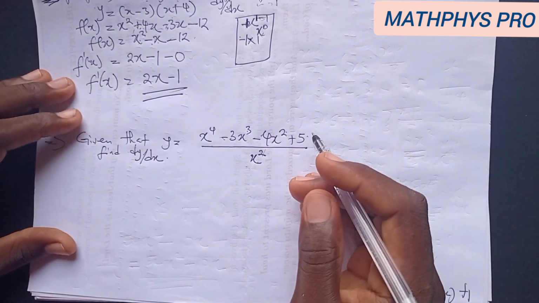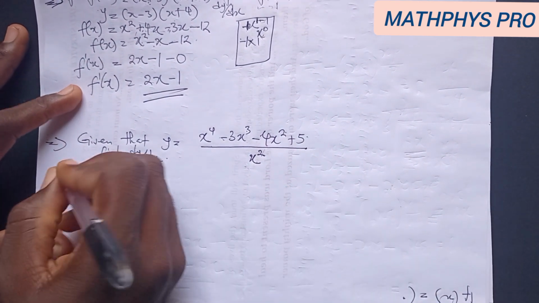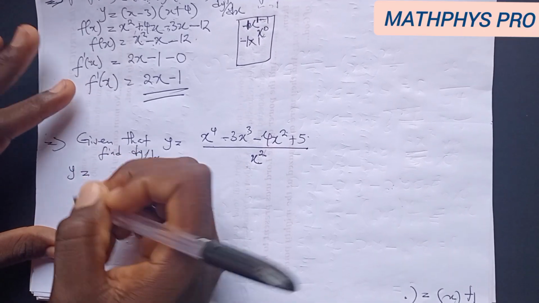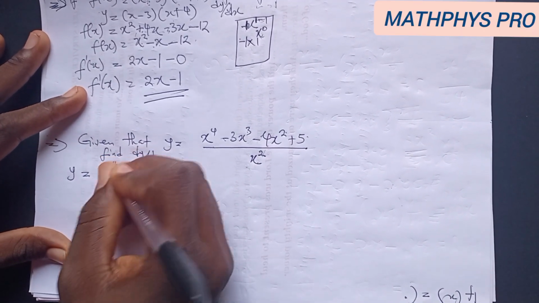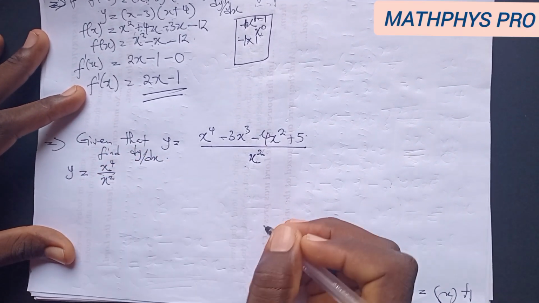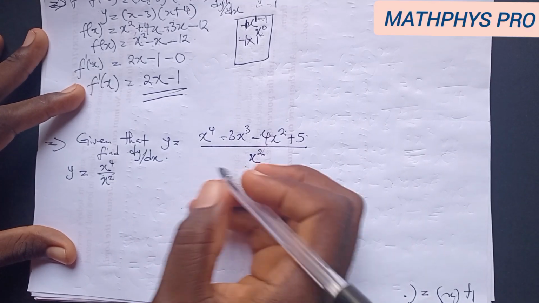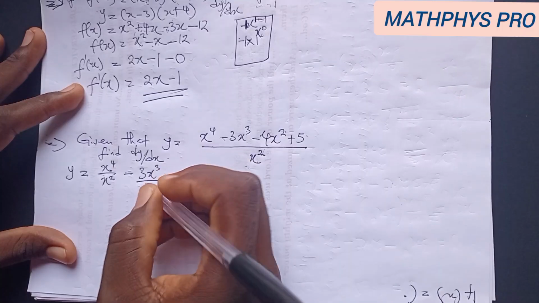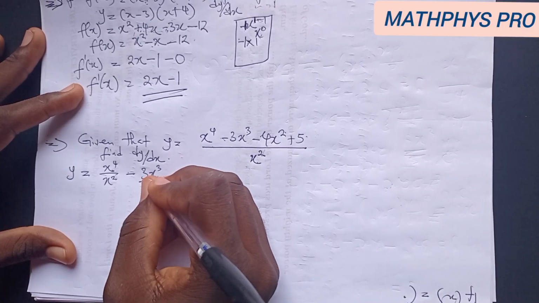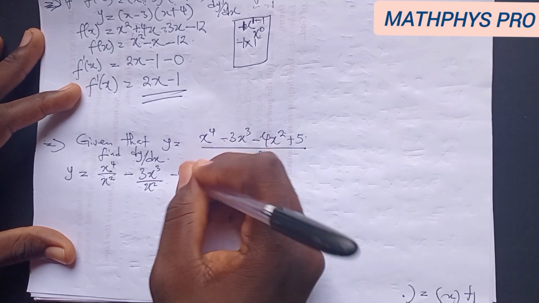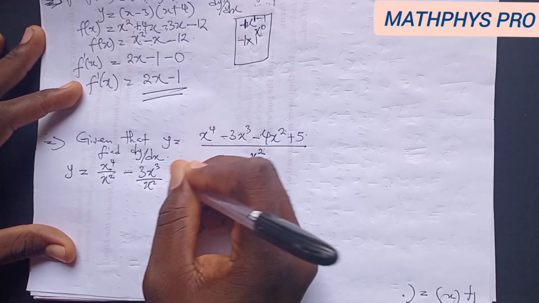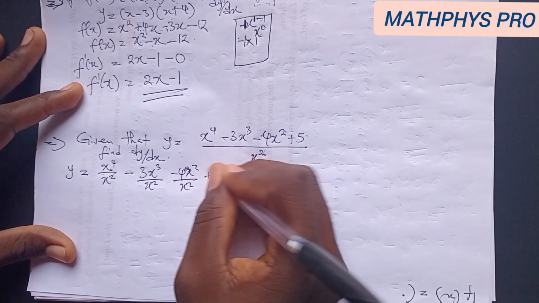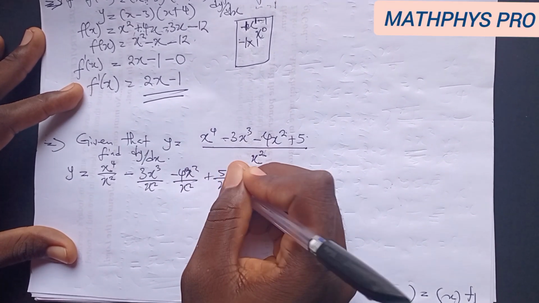Now, the first thing to do, we can say that y is equal to x raised to power 4 over x squared, minus 3x cubed divided by x squared, minus 4x squared divided by x squared, plus 5 over x squared.